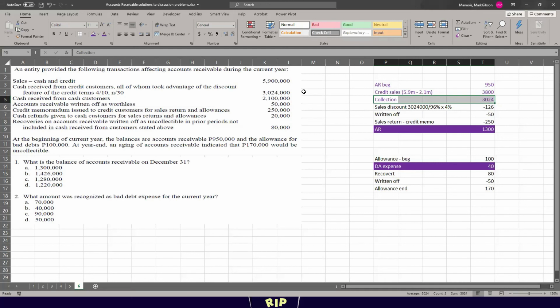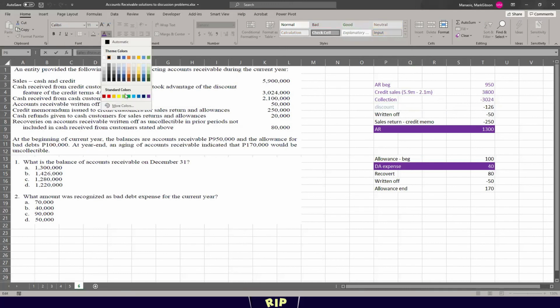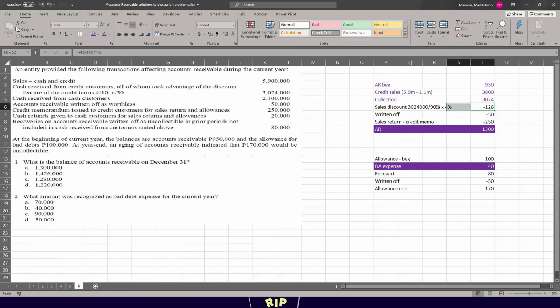No? Kasi tandaan, itong kasing cash received natin, ito na yung total cash paid, no? Or total cash collected. Ang kailangan lang natin dito class, sales discount. So wag magpapalito, kunin lang natin yung discount portion. So that's 126,000.